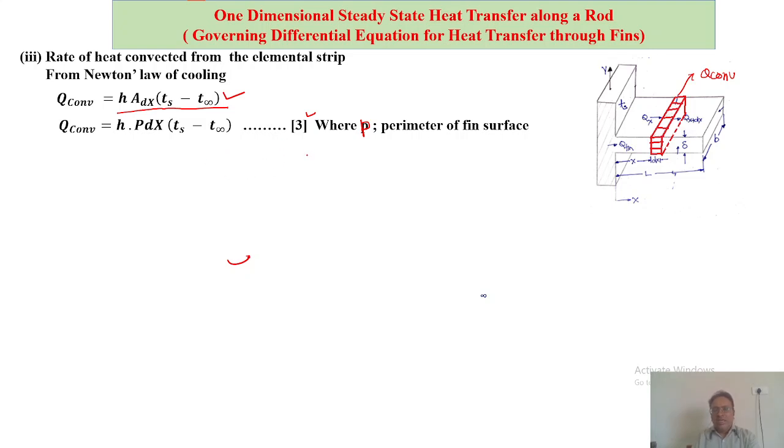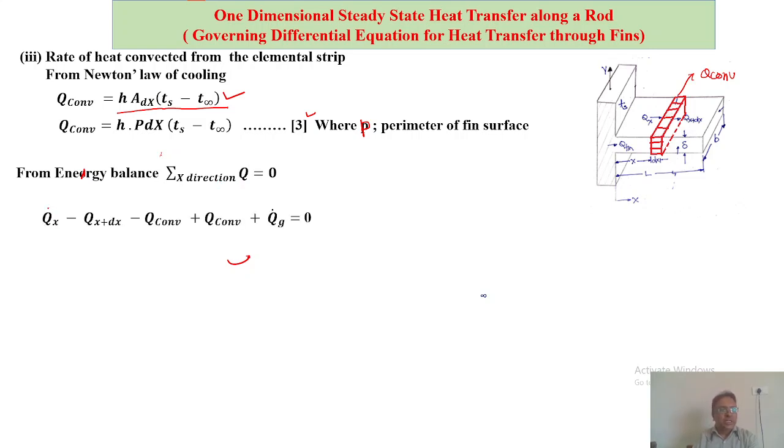Now let us take stock of all these 3 equations and apply an energy balance to this elemental stripe. When I apply energy balance to this elemental stripe, the summation of all the heat transfer in the x direction will be 0. So what are the different heat transfers involved? It is heat conduction into the elemental stripe.